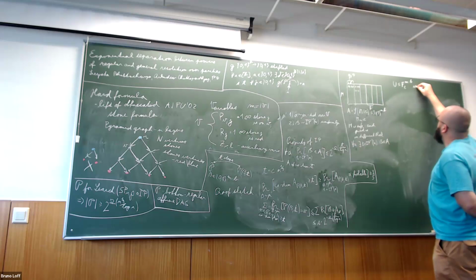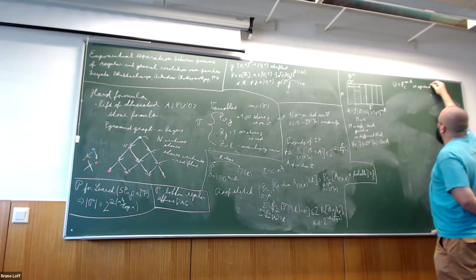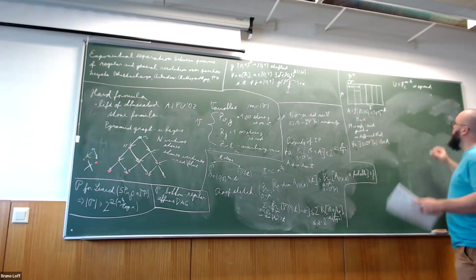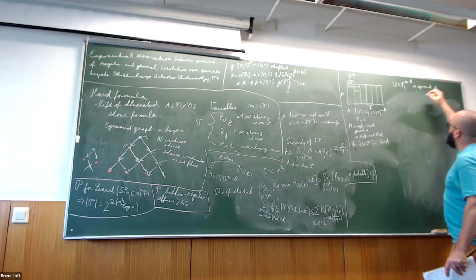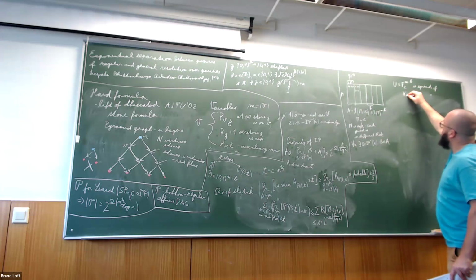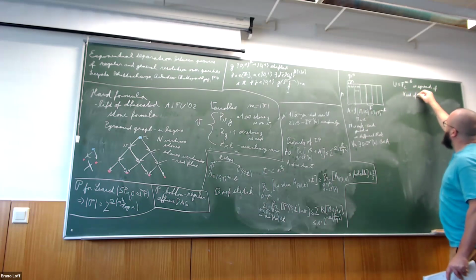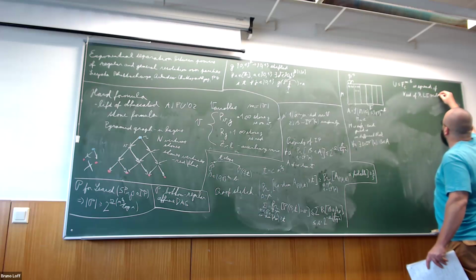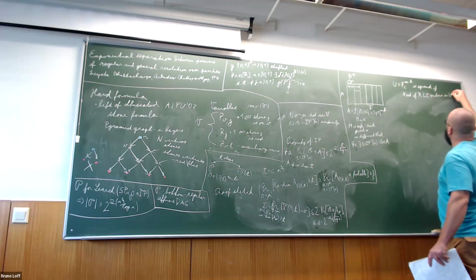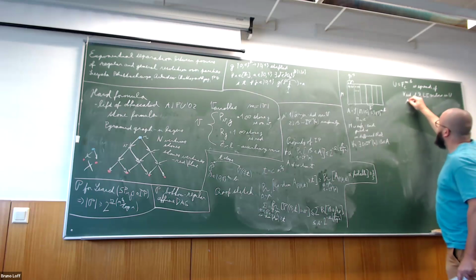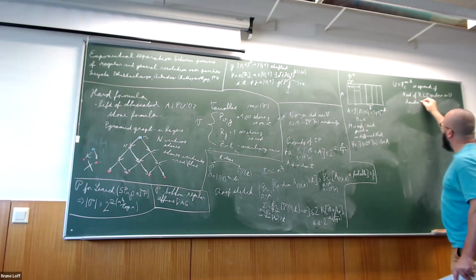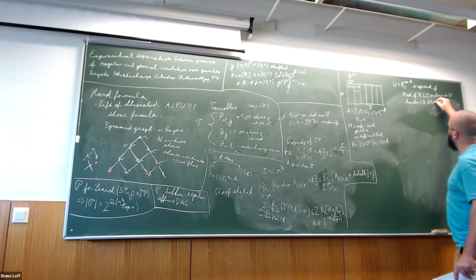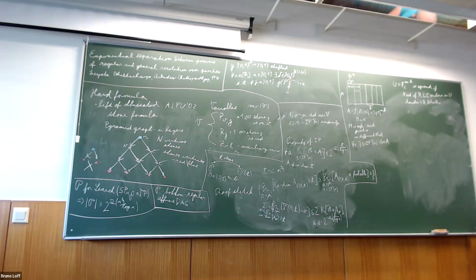this U is a spread if any set of k linearly independent vectors in U touches at least k blocks. A vector touches a block if there is at least one nonzero entry in that block.